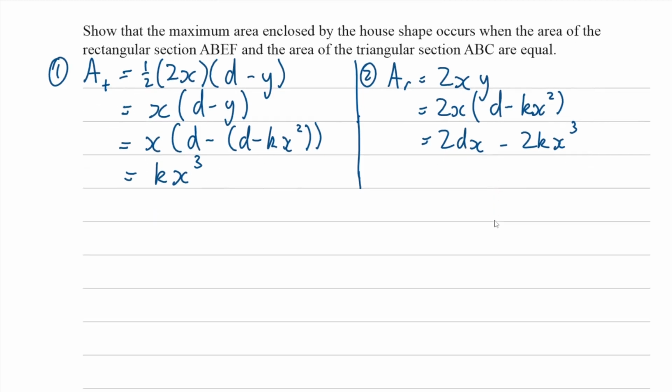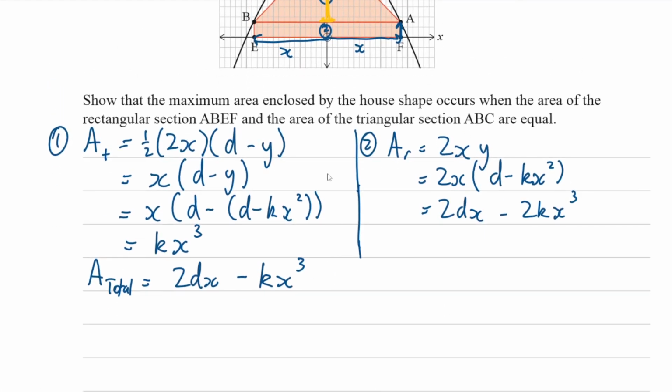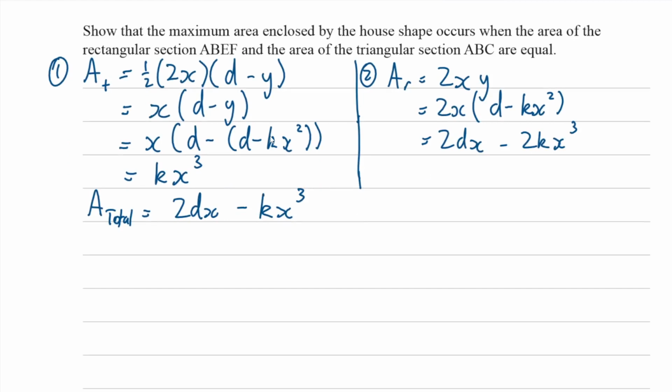So let's combine them. So the total area is, what is that? 2dx, kx cubed minus 2kx cubed is minus kx cubed. Alright, so we have the total area of the shape in terms of x. Now we want to maximize the area, so we need to find the derivative.